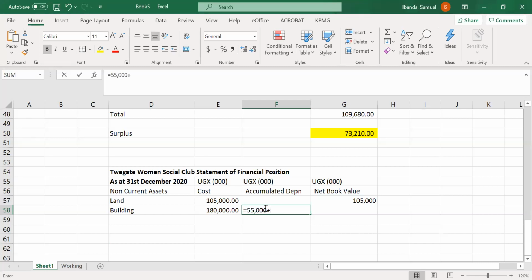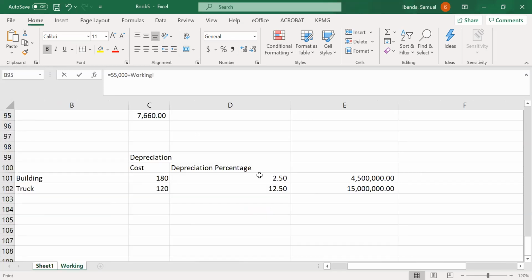But that was the accumulated depreciation at the start of the year. If you're looking at accumulated depreciation at the end of the year, then you have to add the depreciation for the year. The depreciation for the year for the building was 4.5.